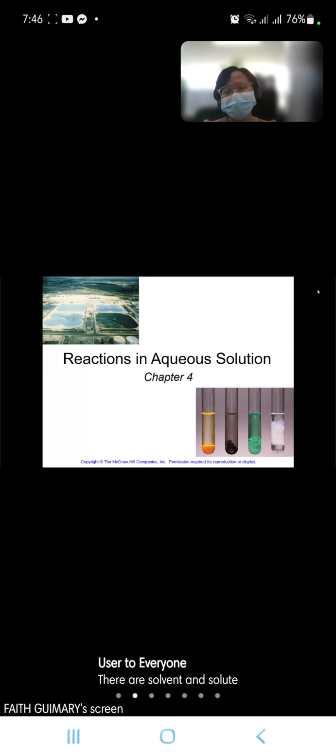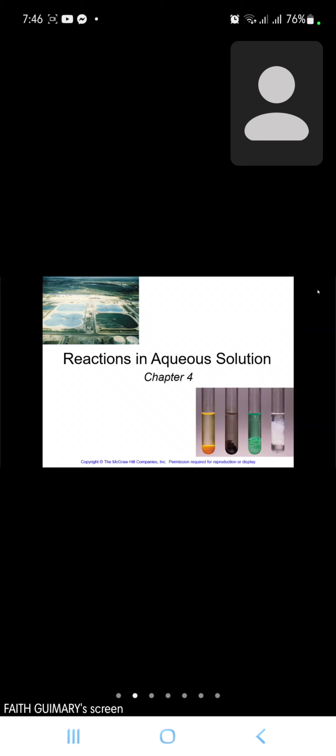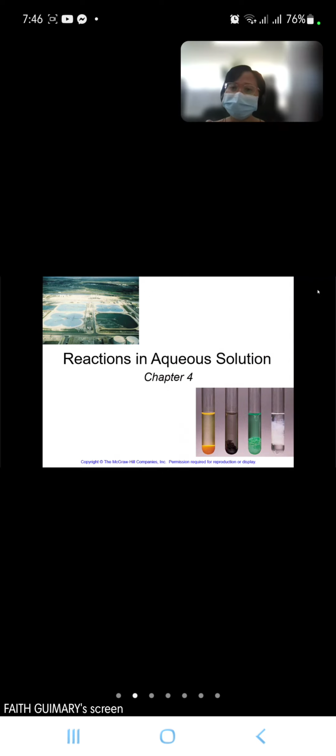Now, what is the difference between a solute and a solvent? When we say solute, it is the substance that is being dissolved, while the solvent is the substance that dissolves. Okay, the substance that is being dissolved is the solute, while the dissolving substance is the solvent.